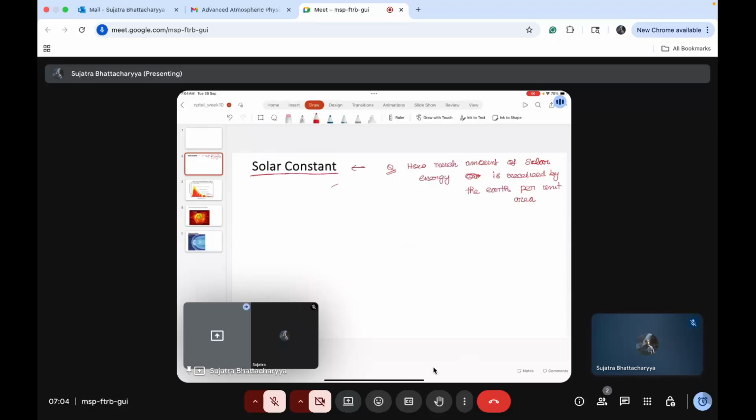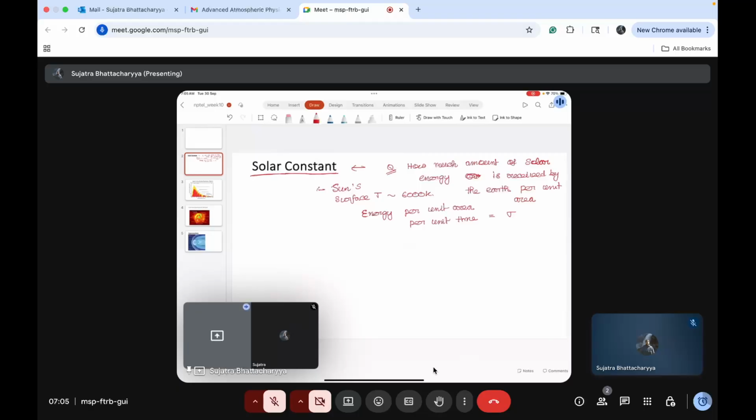So how will we calculate this? Simple: if you remember, the sun's surface temperature is roughly about 6,000 Kelvin. Based on the 6,000 Kelvin, you can calculate the energy per unit area per unit time, assuming the sun is a perfectly black body.